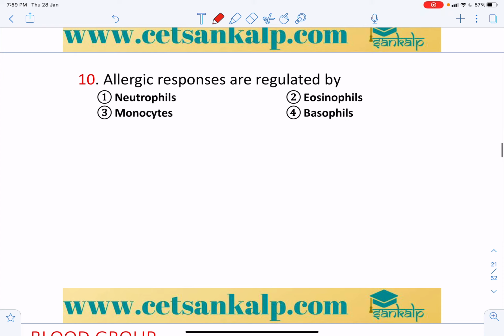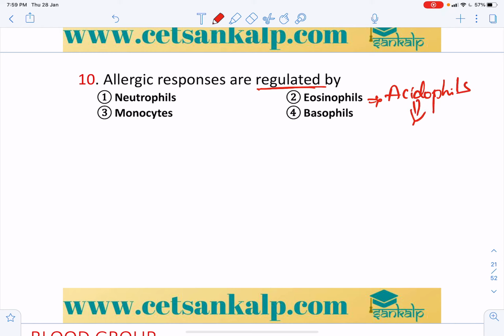Allergic responses are regulated by, as we know, mainly the eosinophils, as we discussed. Keep in mind that eosinophils are also called acidophils, based on stain we classify them.